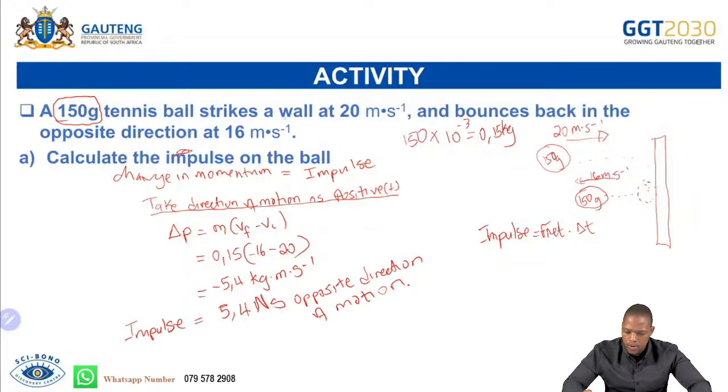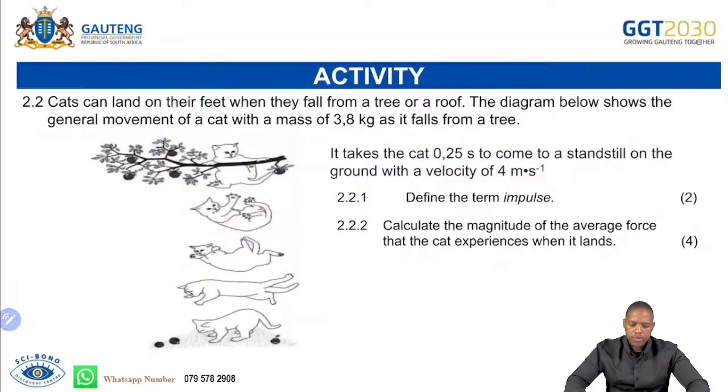Okay, so as we continue, we're continuing with our activity. Here's an activity which was taken from a previous question paper. They say here, cats can land on their feet when they fall from a tree or a roof. The diagram below shows the general movement of a cat with a mass of 3.8 as it falls from a tree.